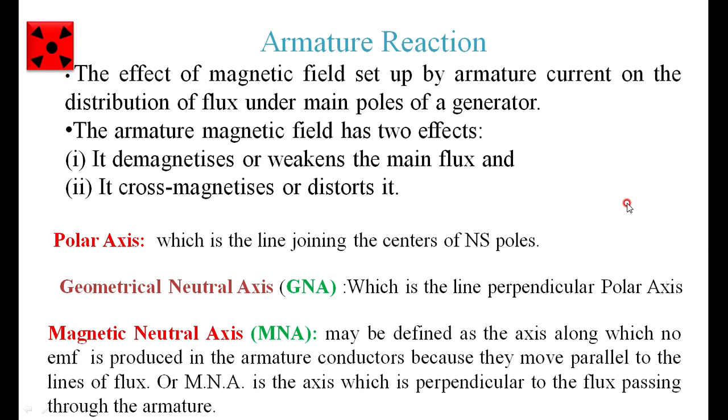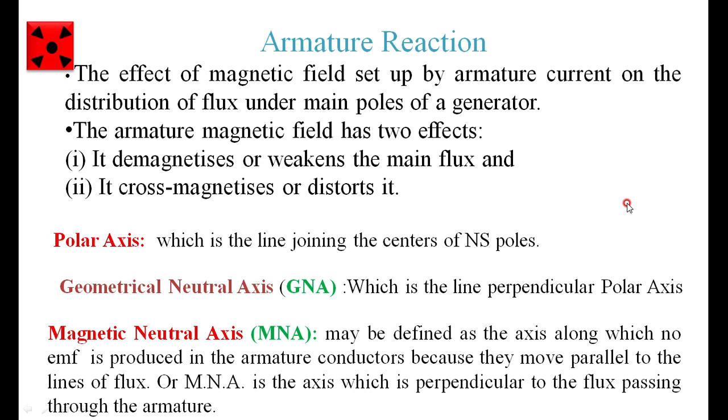We also defined the polar axis, which is the line joining the center of the N pole to the center of the S pole. The geometrical neutral axis, GNA, is the line perpendicular to the polar axis.